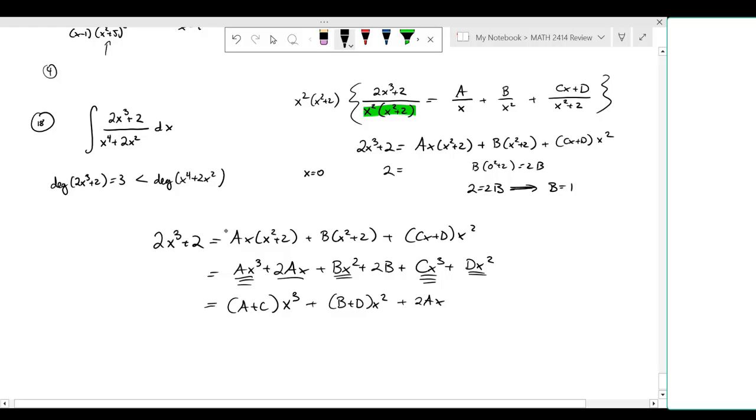There we go. And then your constant. On the left-hand side, if you'd like, there's a 0 times x squared, 0 times x. Okay.